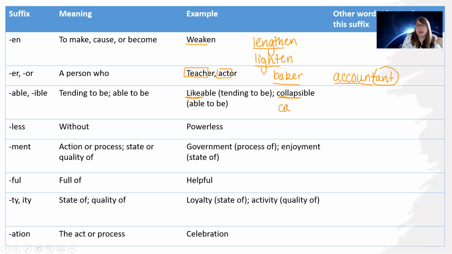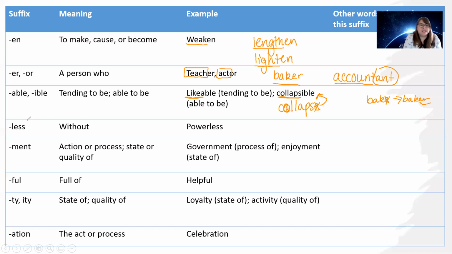Collapsible has the root word collapse, which ends with an E. But if we notice, when we add on the suffix here, the E disappears. The same thing with baker. The root word of baker is bake, but in order to make it baker, what we needed to do was drop the E before we add the ending. So when words end in E, just be a little bit more cautious with your spelling with that.